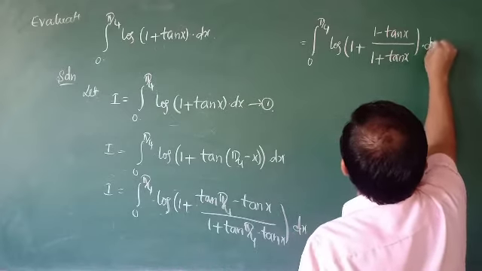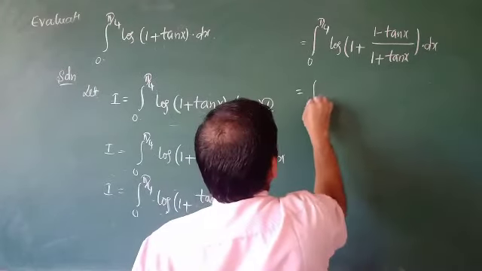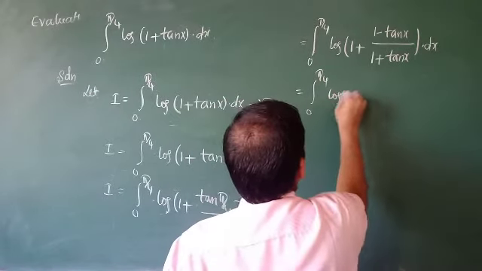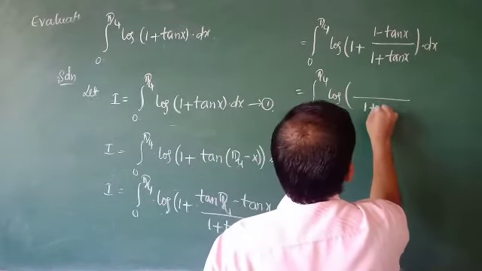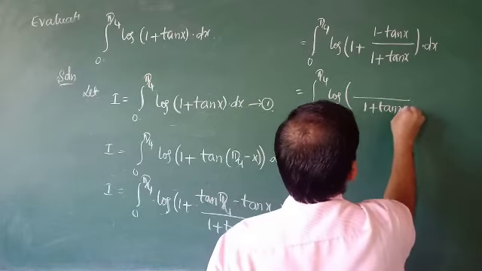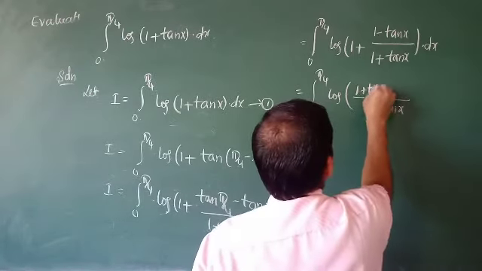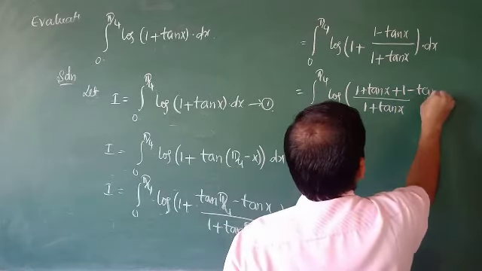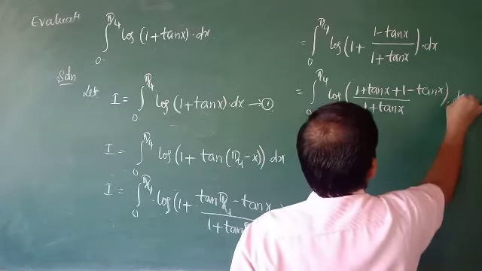This is equal to integral of 0 to pi by 4 of log of, the LCM is 1 plus tan x, so (1 plus tan x plus 1 minus tan x) with respect to x.